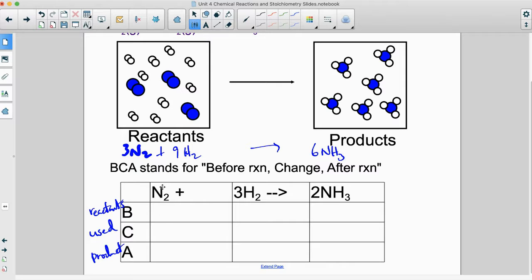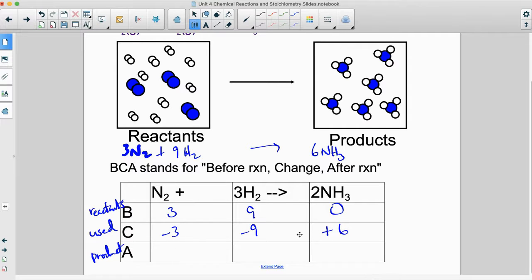So here I can, based on my images, for the reactants, put in 3 and then 9 and 0 initially. Before the reaction, there are no ammonia molecules. What's used? Well, we have to use 3 nitrogens. We have to use 9 hydrogens, and that produces 6 ammonia.